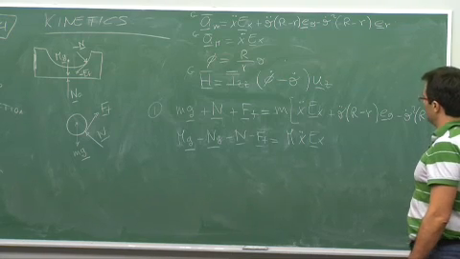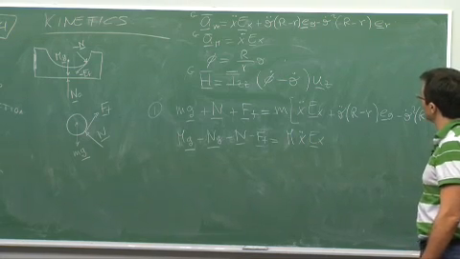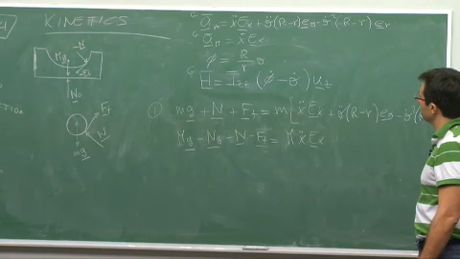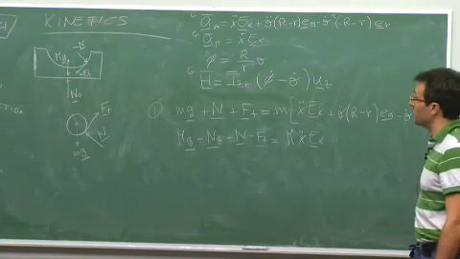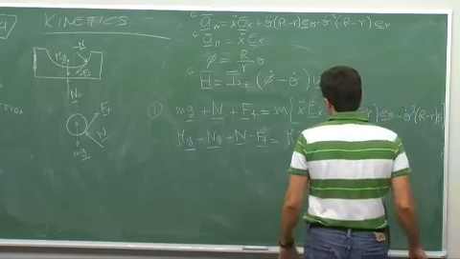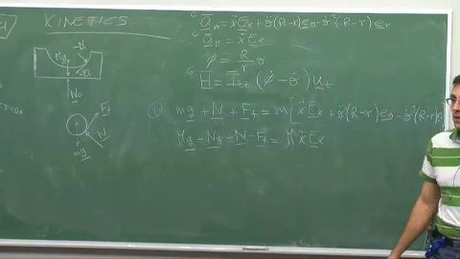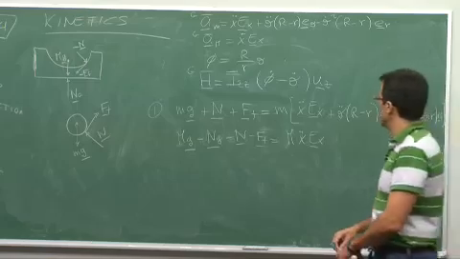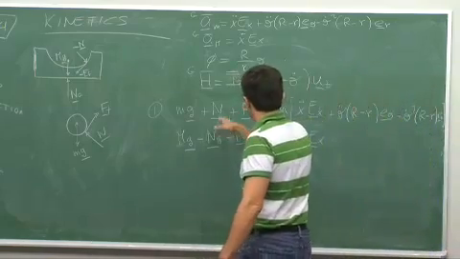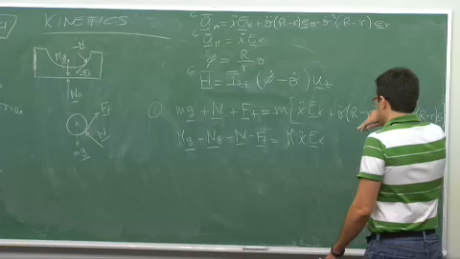Is this enough to find my equations of motion? Remember, I need two. I have way too many unknowns here. 3 reactions, n, ng, f sub f, that I have no idea what to do with.